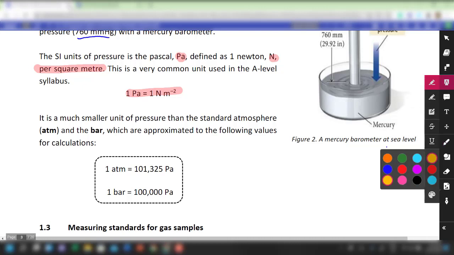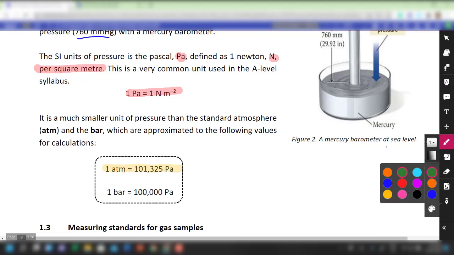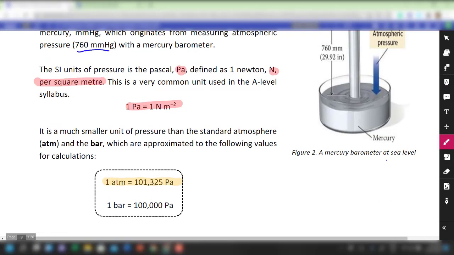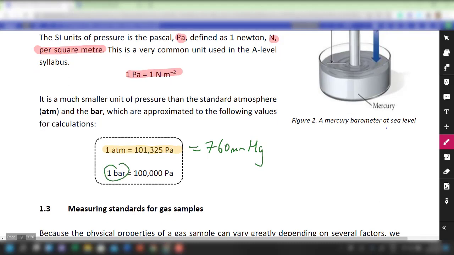You need to know that 1 atmosphere is exactly 101325 Pascal. If you look at history, this is also equal to 760 millimeters of mercury height. You notice that 1 bar is very close to atmospheric pressure. It's 10 to the power of 5 Pascal, but when we write out the units, the values are a bit different.